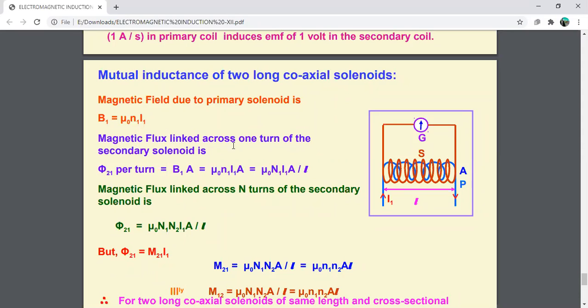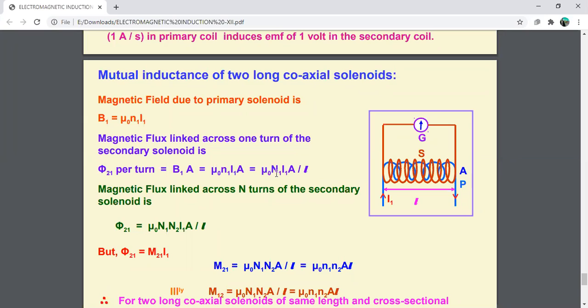So the magnetic flux linked across one turn of the secondary coil is given as d phi 21 per unit turn equals B1 into A, so mu naught n1 I1 into A. And if you want to replace the number of turns per unit length n1, you can write here capital N1 by L.